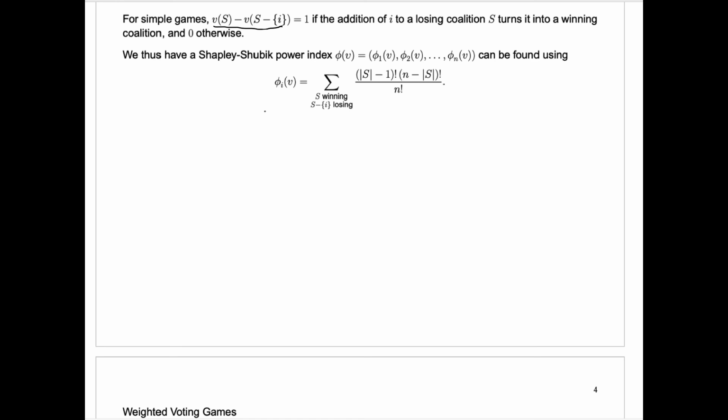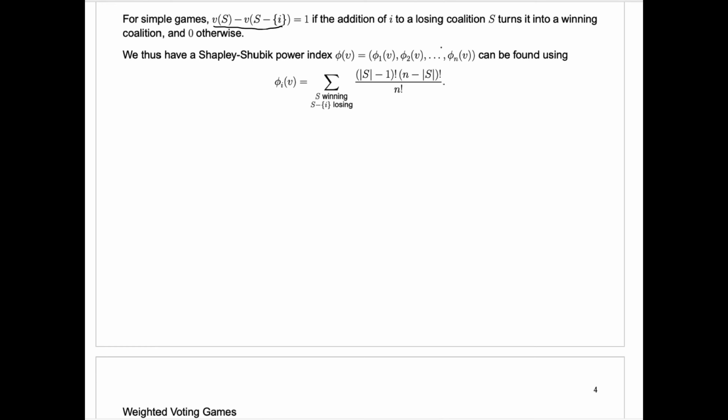If we want to use our formula for the Shapley-Shubik power index, phi of v, phi 1 of v, phi 2 of v, up to phi n of v, this payoff vector we're now interpreting as a power index, telling you the power of each of the n players.